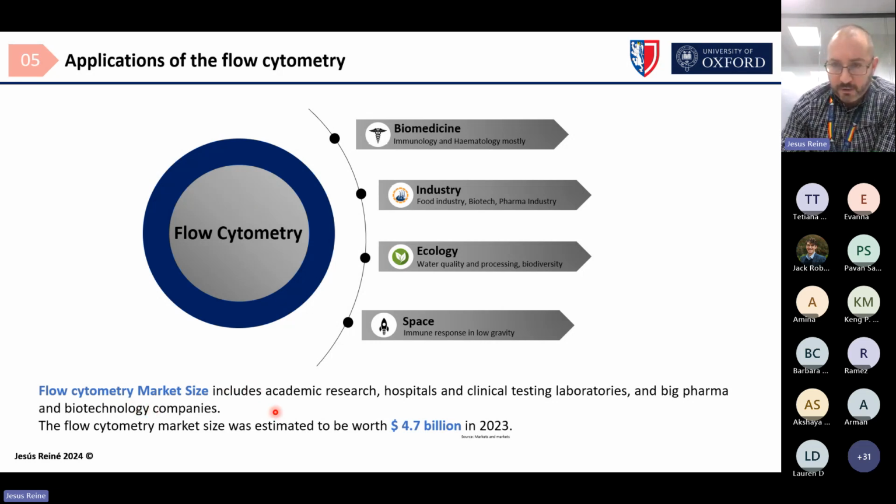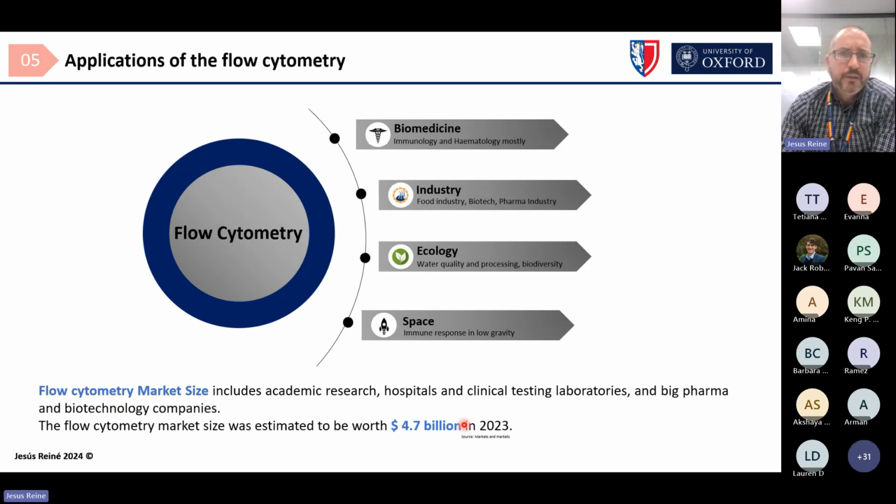Many of these companies are also based in Oxford, but others are located around the world. Actually, the flow cytometry market was estimated in 2023 at $4.7 billion, and is still expanding.